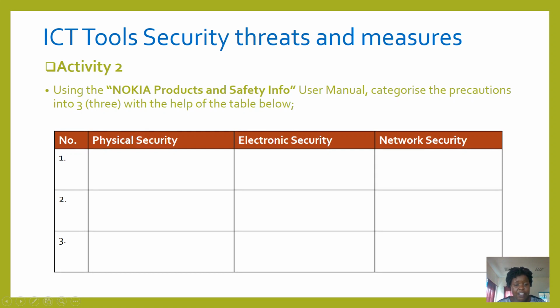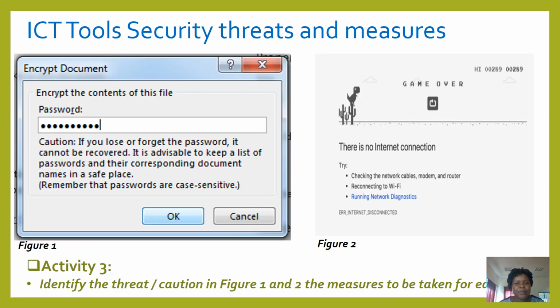So you categorize that this precaution is talking about physical security, this one is talking about electricity, and this one is talking about network security. And then you do the activity as required. You can still do the activity as you watch the video, because you can pause, finish the exercise or the activity, then continue with the video, no problem.